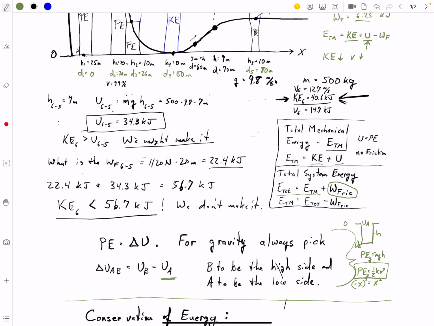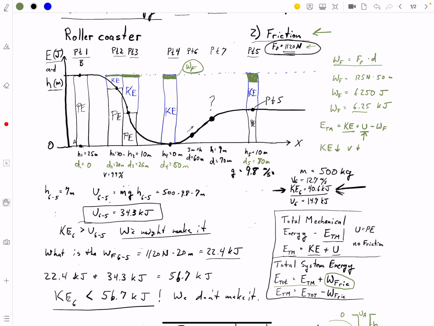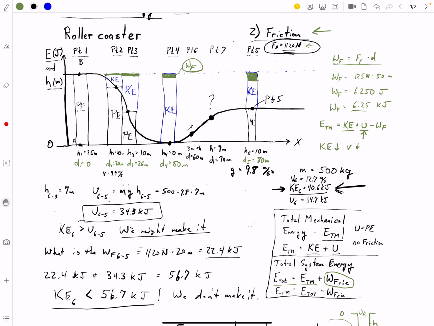We're not going to make it from point 6 to point 5. Okay, so that's out of the question. But what could still happen is we're going to end up getting somewhere in there, between 6 and 5.